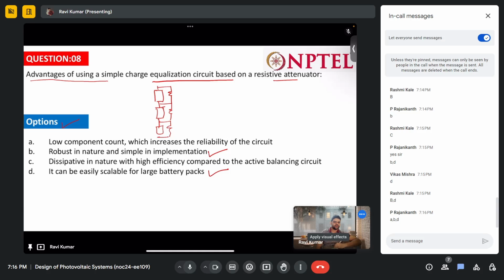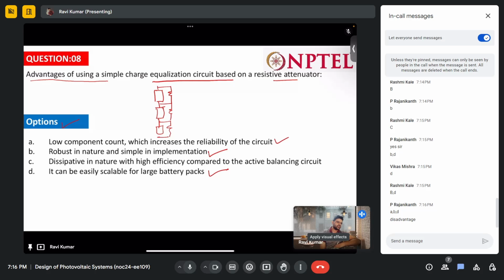So A, B and D. What about C? Yes, that's the disadvantage. It is dissipating. So we have the correct answer A, B and D. Right.